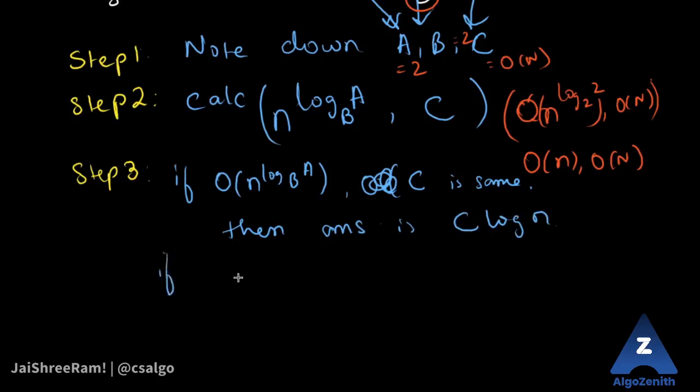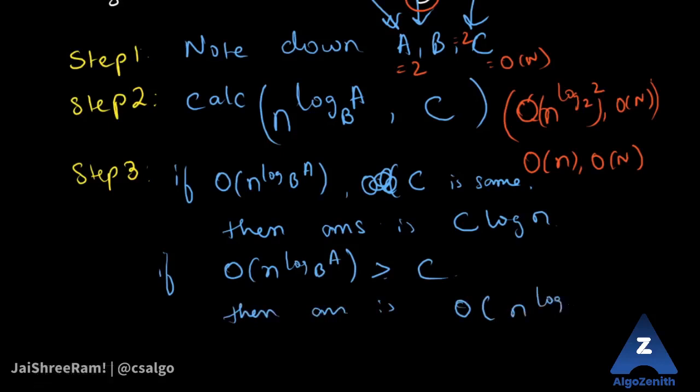If order n to the power log base b of a is greater than c, then the answer is order n to the power log base b of a.